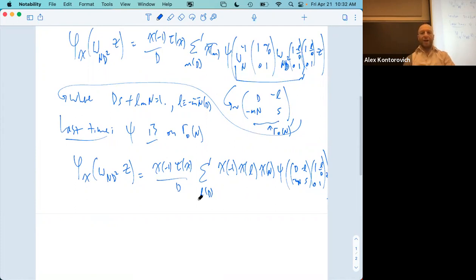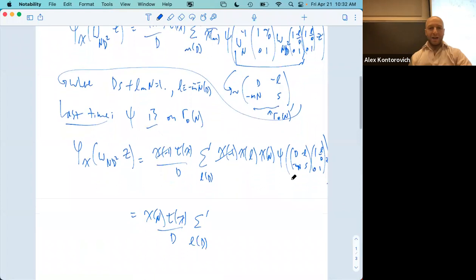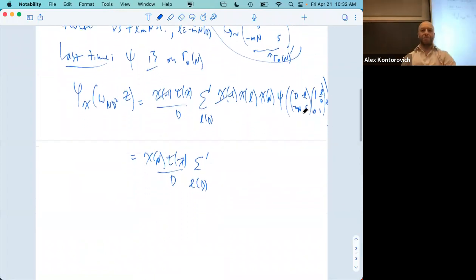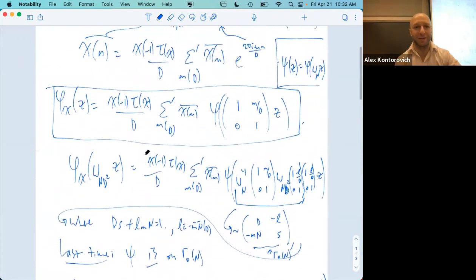Oh, we also recognize this. Okay, so I need one more step. The chi of -1s cancel. The chi of n pulls out. The tau of chi over d stays. And then I have a sum of L over d coprime. And we recognized, sorry, it's this, where is it?